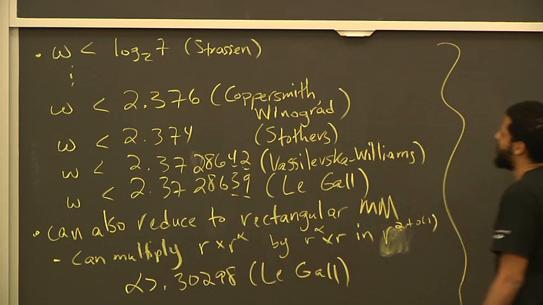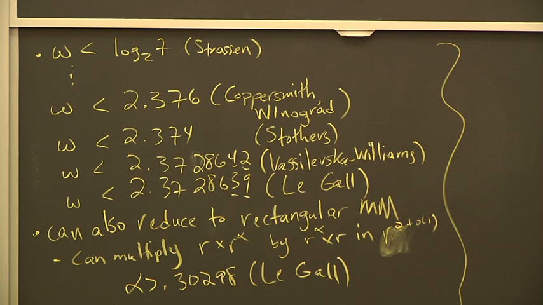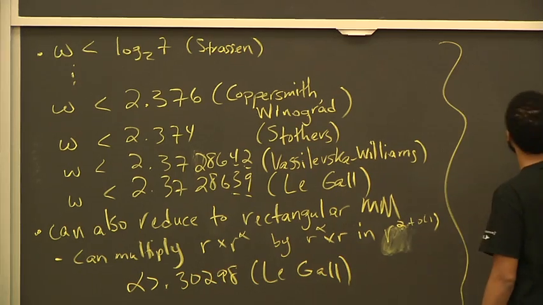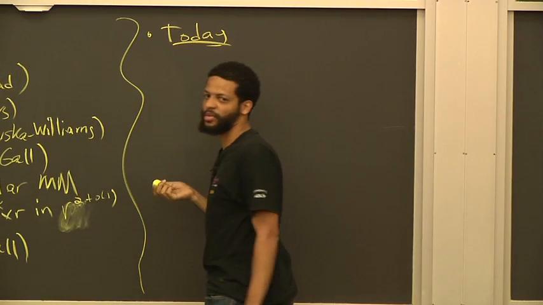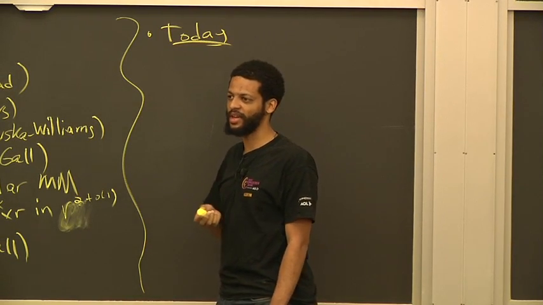But you could also go a different route. And notice all of these algorithms I mentioned just now are exact computation, right? You actually want A transpose B exactly. So today, suppose we're willing to settle for approximation, which is what we've been doing a lot in this class, right?